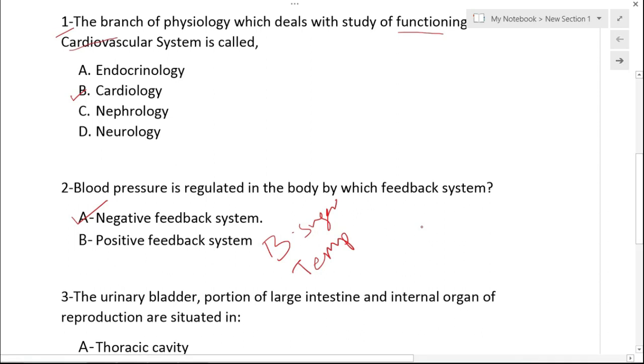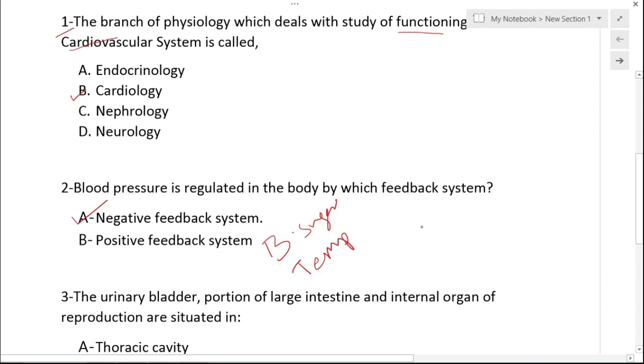Another example is lactation. Child feeding will stimulate the milk production, which causes further feeding. That is also positive feedback. Then the third example is the blood clotting process. This is also a positive feedback system.